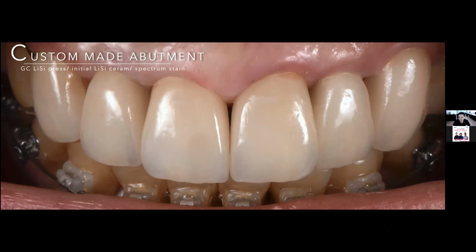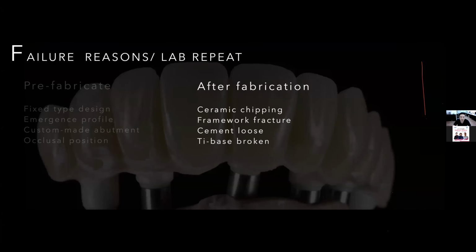So this is an interesting design, and we can design, take care and make our job very well in the laboratory.